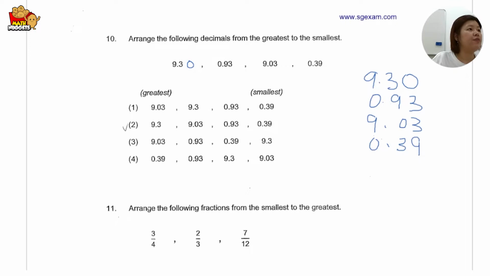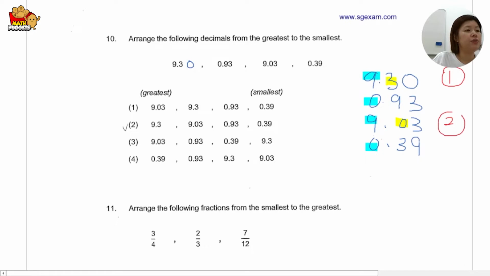So we look at the first number, the one from the greatest. So I look at the blue one. 9 is the greatest. So now I look at 9, 3 and 0. 3 is greatest, so this is number 1. And this is number 2.